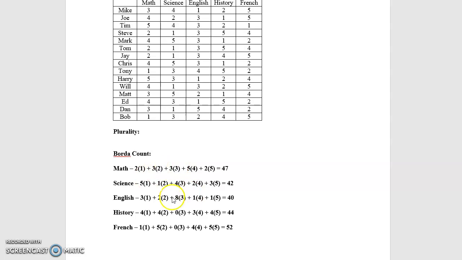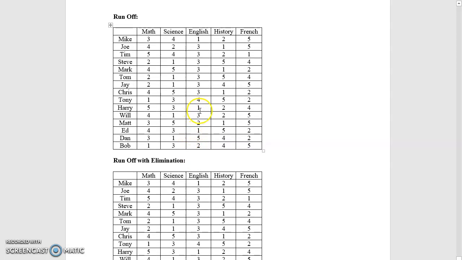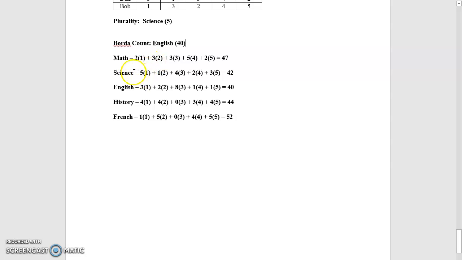Alright, now after putting all my Borda counts down, we know the plurality winner is going to be science with a score of 5. And my Borda count winner is going to be English with a score of 40. Now, as I do runoff and runoff with elimination, in this case I can use my work I did before.